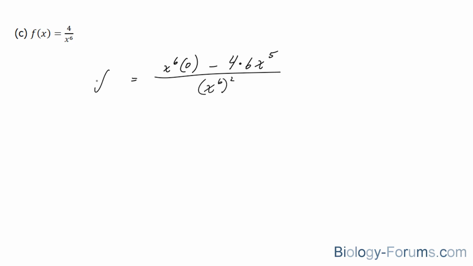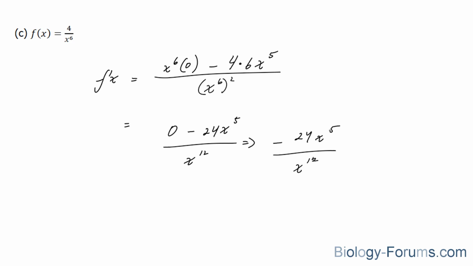We're going to simplify this, and we end up with this going to 0 minus 24x to the power of 5 over x to the power of 12. This simplified becomes negative 24x to the power of 5 over x to the power of 12. This goes to 0, and this goes to 7. So we're left with negative 24 over x to the power of 7. Let's move on to question D.